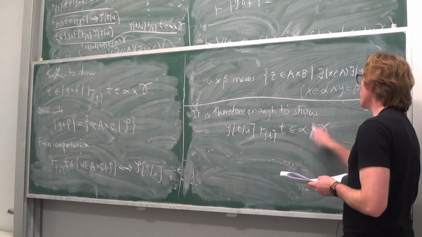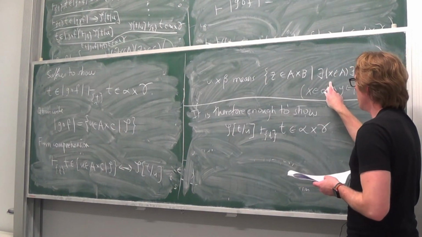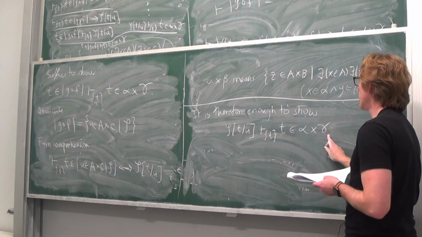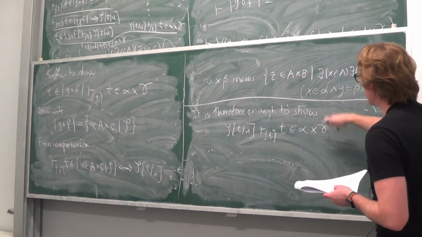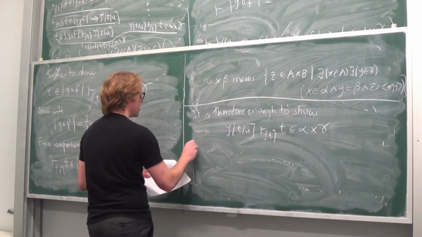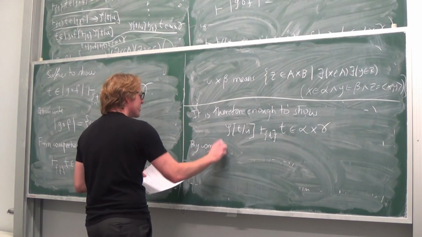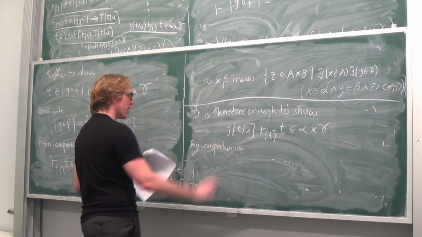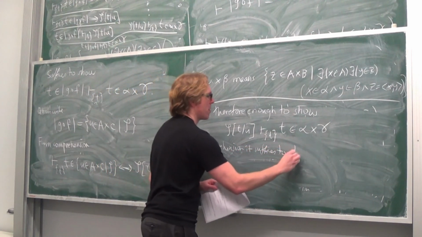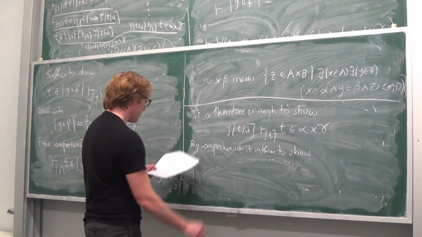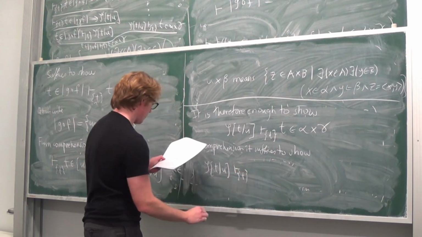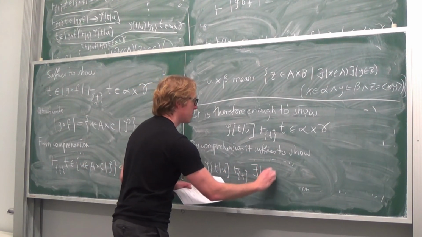Okay, so this again was a set comprehension, particularly this one. This is logically equivalent to this with some substitution taking place. Well, we've done one instance of comprehension in full detail, so now let's not do it again. By comprehension, it suffices to show that the left-hand side entails this business with exists.